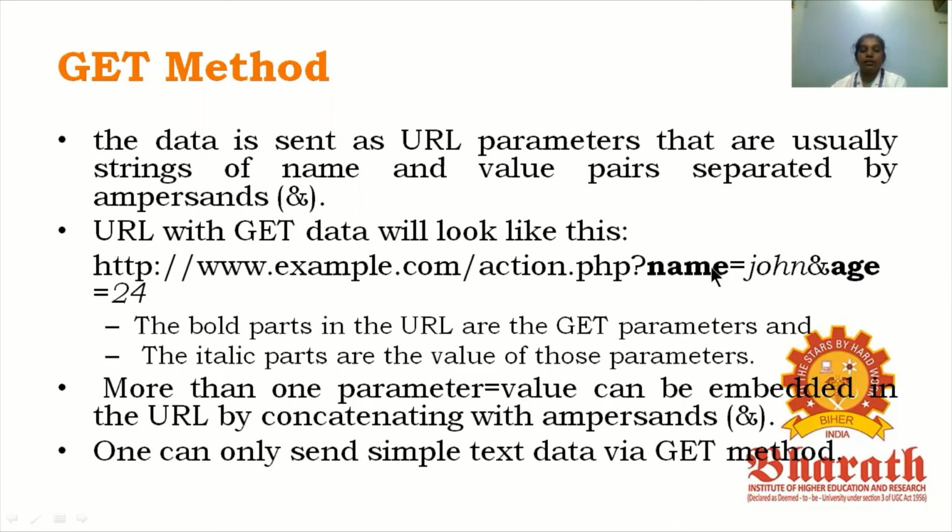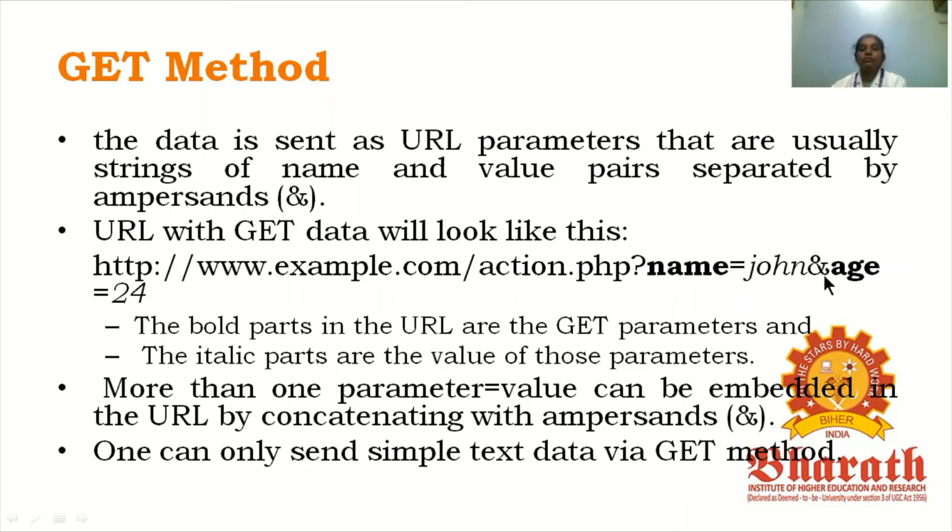Name and age are the parameters, and John and 24 are the values of the parameters. Here two parameters are passed, and the parameters are concatenated with the help of the ampersand character.